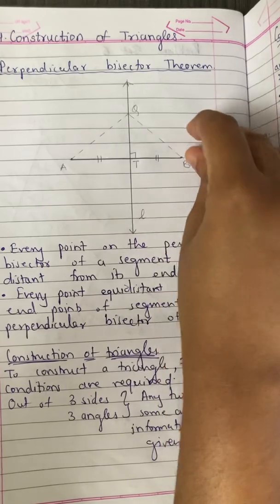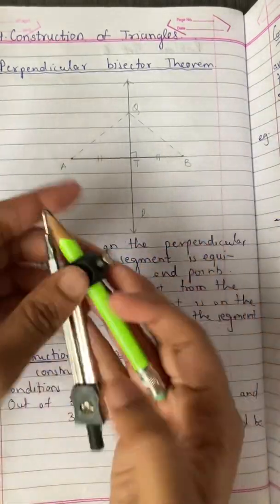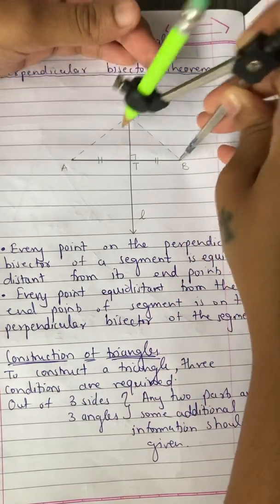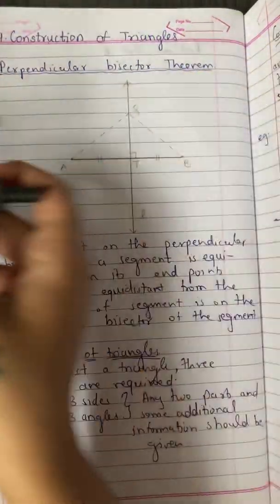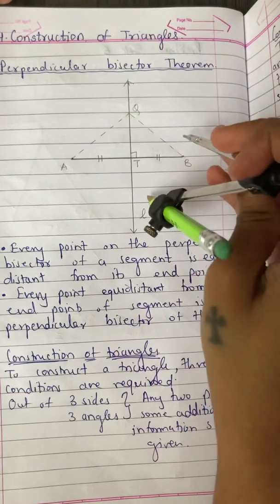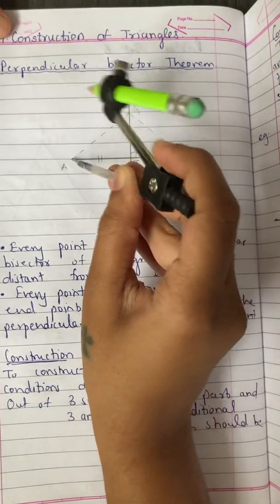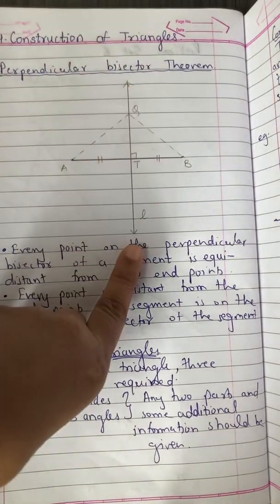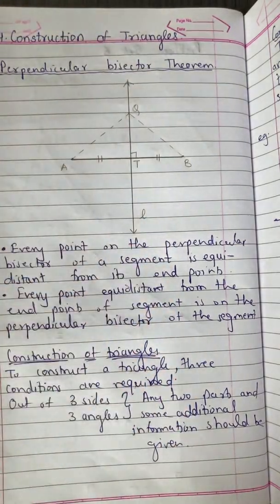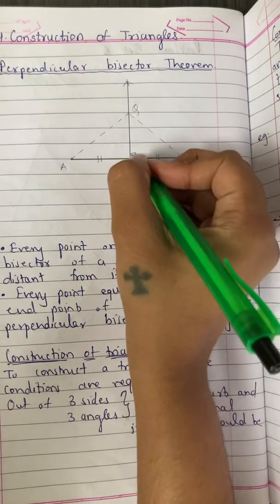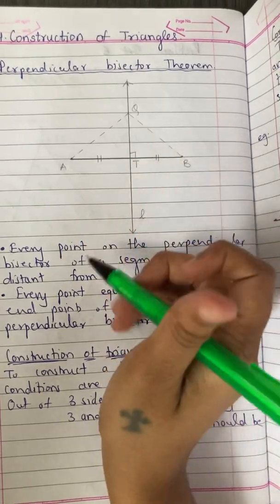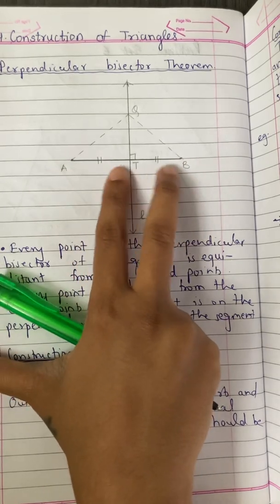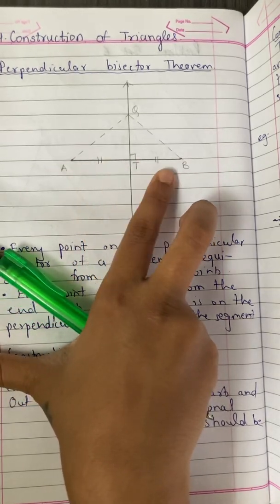Keep the compass pointer at point B, take a length more than half, and draw one arc above and one arc below. Then do the same from point A. We get 2 points, and we pass a line through them. This line L becomes the perpendicular bisector. That means it divides segment AB into 2 equal lengths.